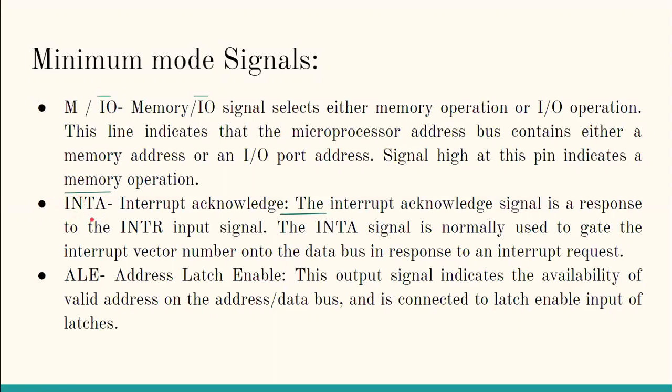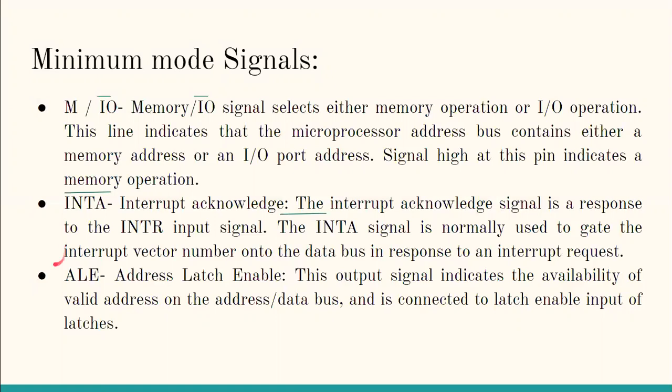The direction of the INTA bar signal is from the processor to the peripheral, and it is an active low signal. The value 0 on the pin indicates that the interrupt is accepted. This interrupt acknowledge signal is given in response to the INTR input signal, and on the response of this INTA bar, the interrupt vector number is received from the peripheral by the processor.